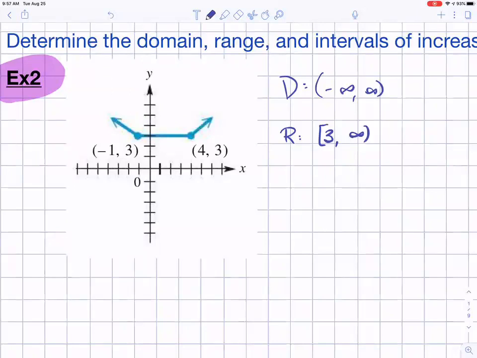So we would say that my graph is decreasing from negative infinity. And where does my graph stop decreasing? No, it's not going downhill forever. At -1 is where it stops going downhill.